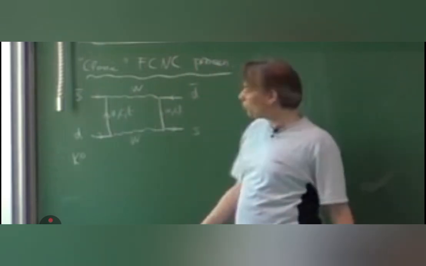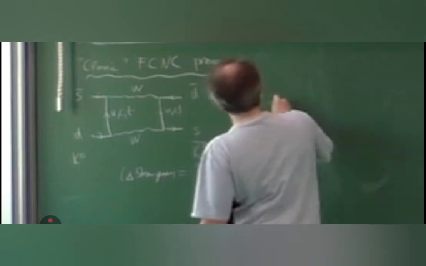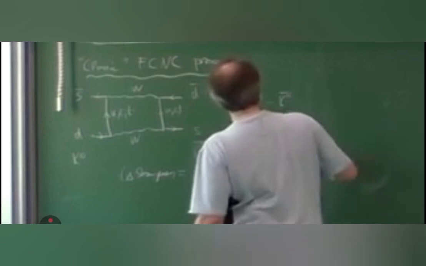And so basically you change the strangeness number by 2 units, and so this final state would be called K0 bar, and you have delta strangeness by minus 2 in this way.